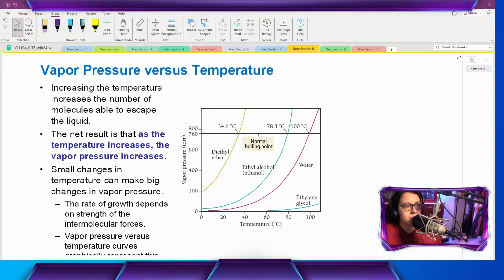Normal boiling is defined when your vapor pressure reaches atmospheric pressure, so 760 torr, again 1 atm. And anytime your vapor pressure equals atmospheric pressure, that is defined as boiling.